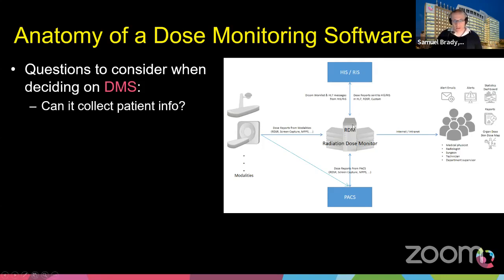It's great if the system will interface with the hospital informatics or radiology informatics systems, the HIS and RIS. If they can directly connect through HL7 messaging to the dose monitoring software, then all of the demographics, age, size, BMI, gets brought in and linked to the imaging information that comes from the modality specifically.